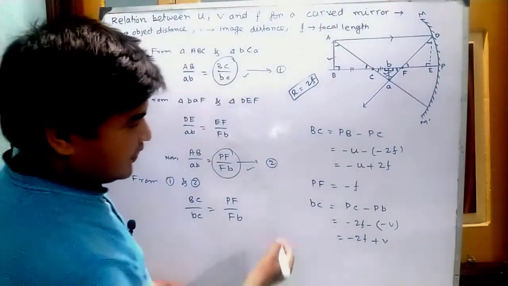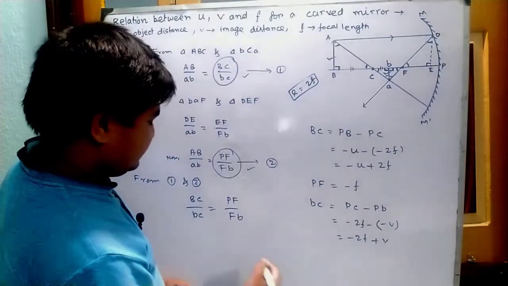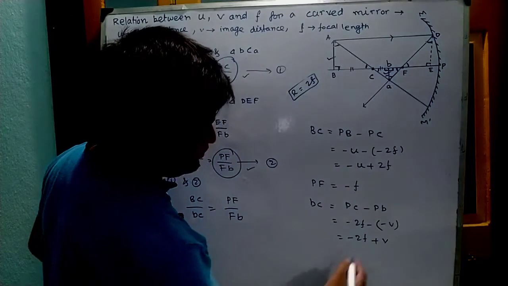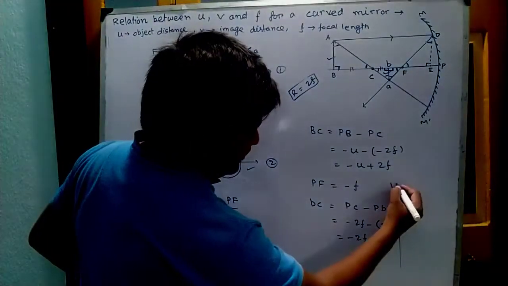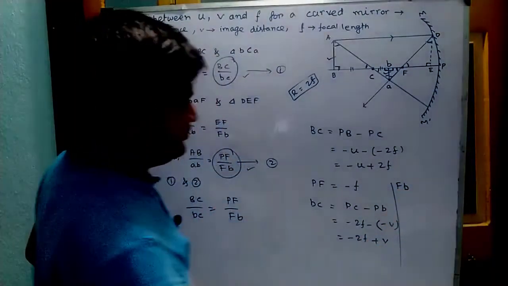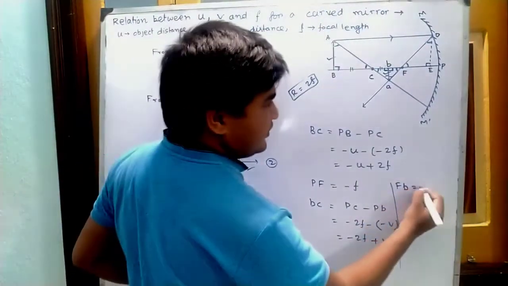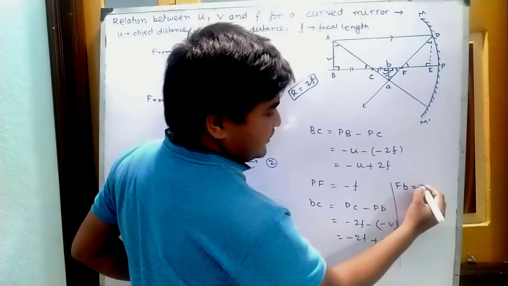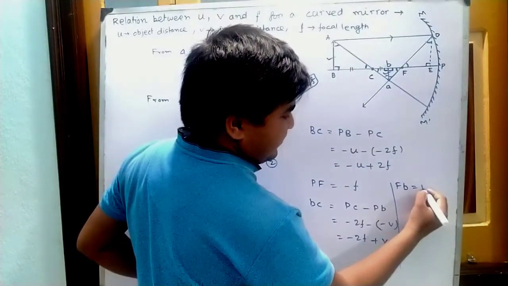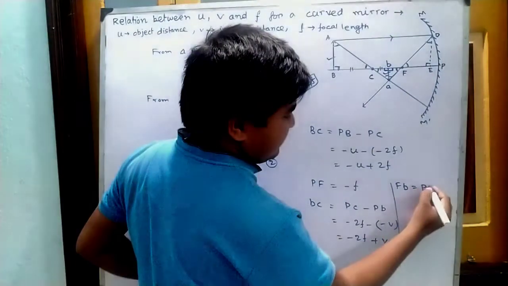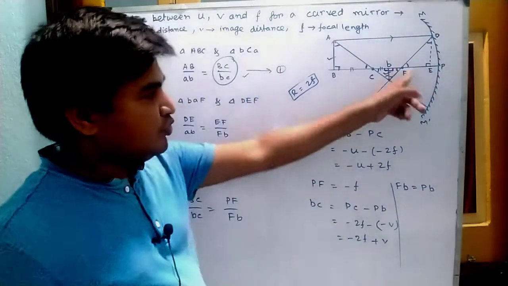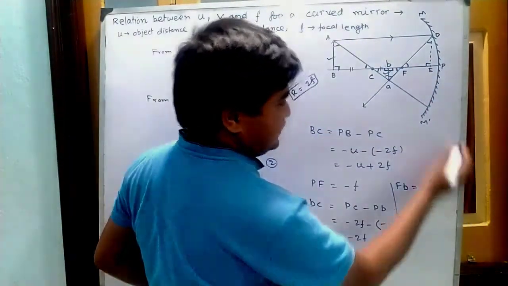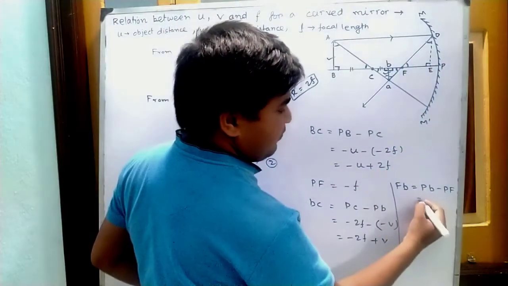And next, FB'. FB' is the distance of the image from the focus, which equals the distance of the image from the pole minus PF, the distance of the focus from the pole.